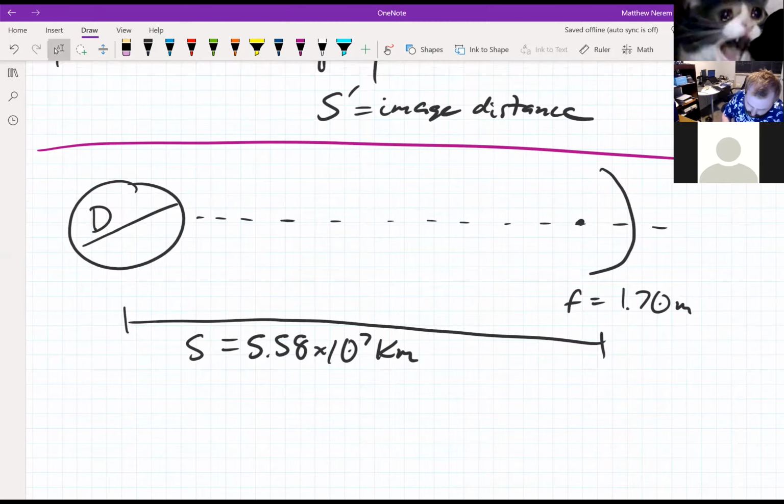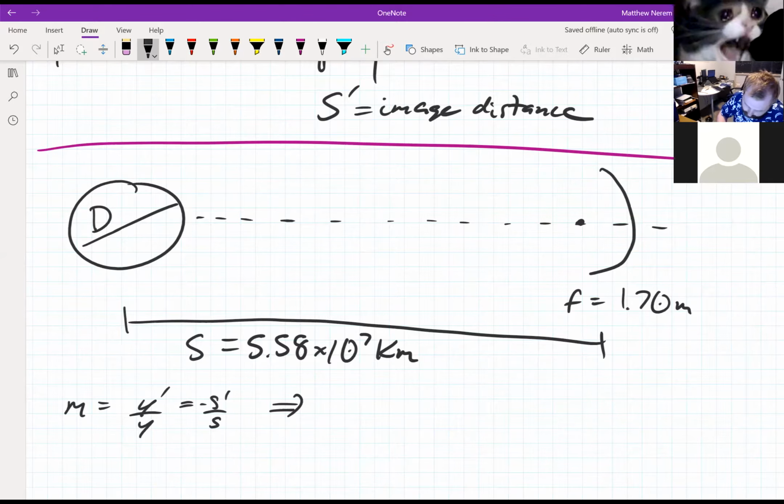Alrighty, so let me think about this. M is minus y prime over y, and it's also equal to minus s prime over s. What we want to know is the height of the image.